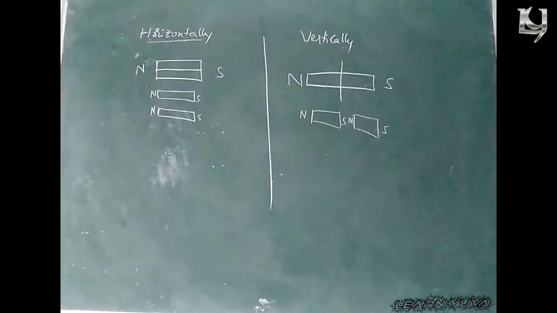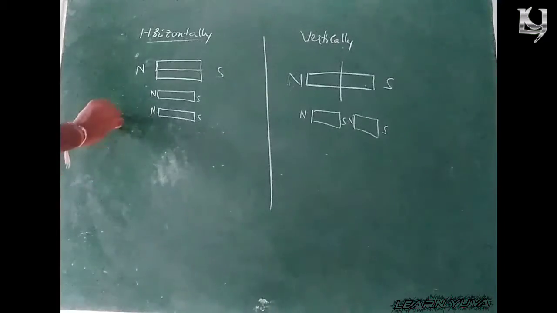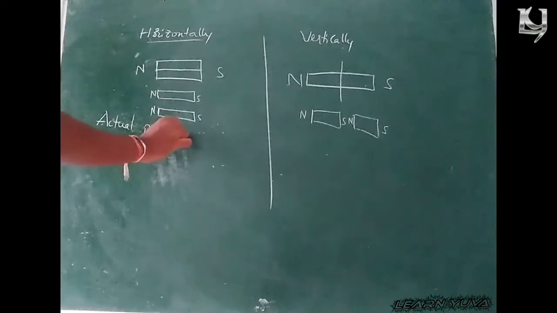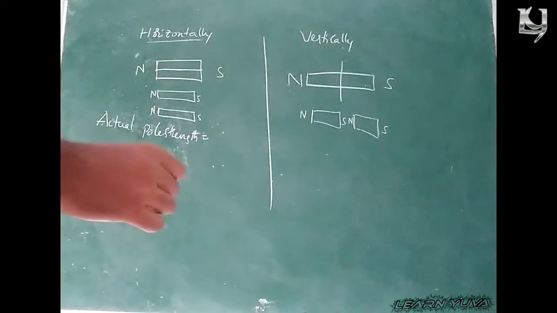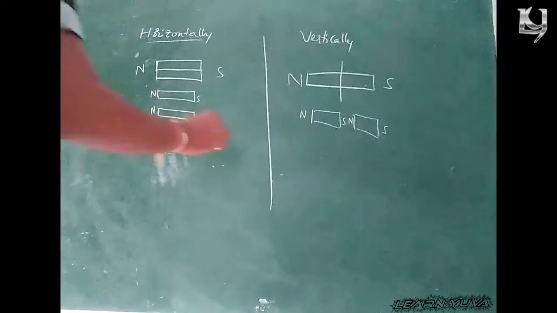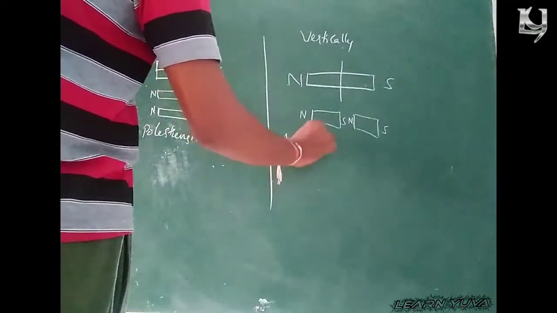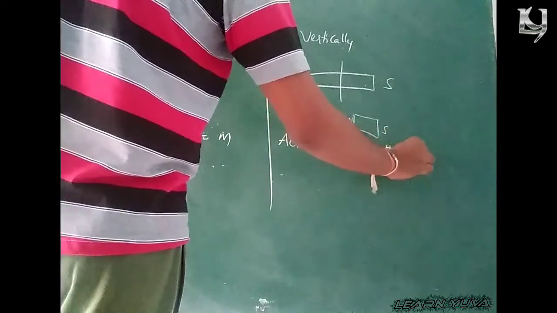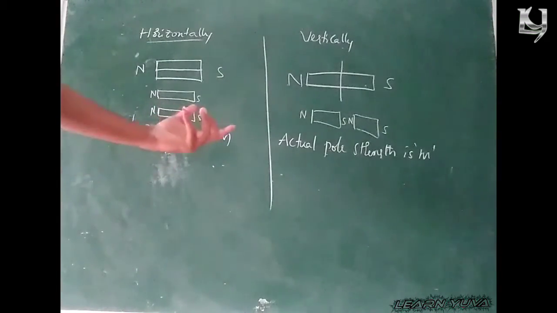Right? So, what is the formula for pole strength? Actual pole strength is M. Here in this case also, actual pole strength is M. That is the pole strength of each bar magnet before we cut it into pieces.